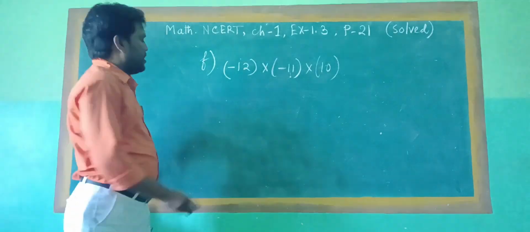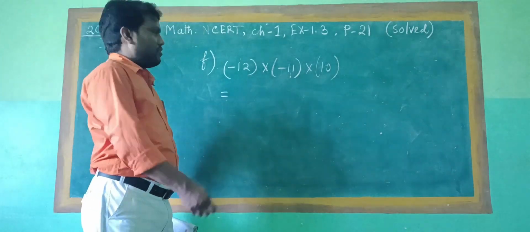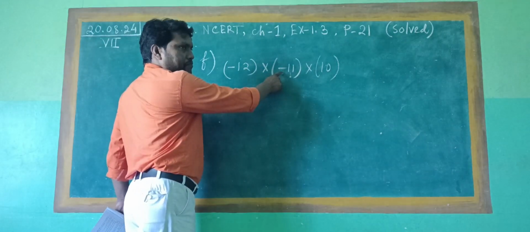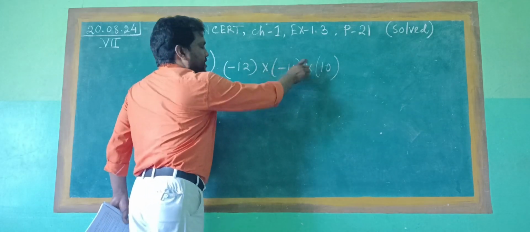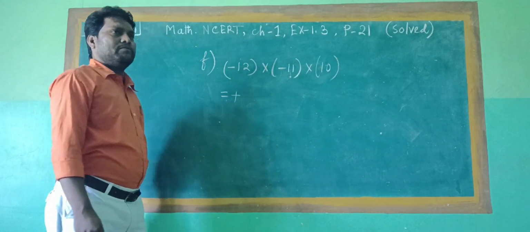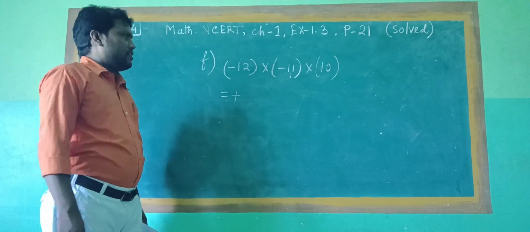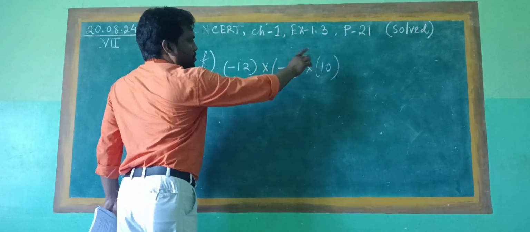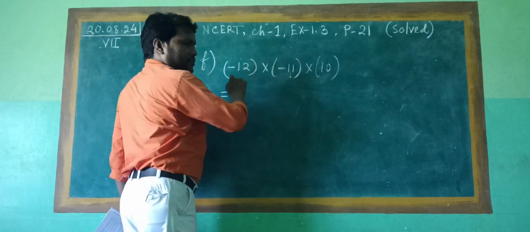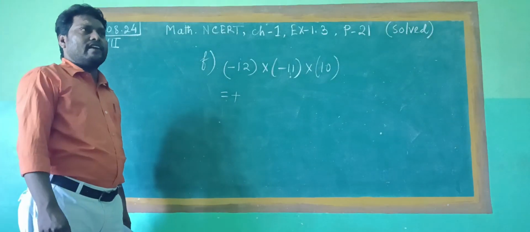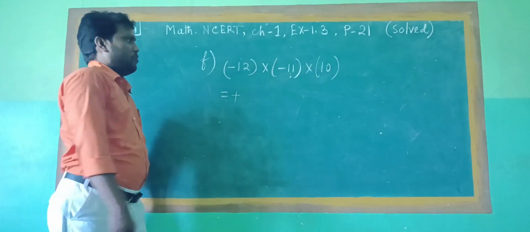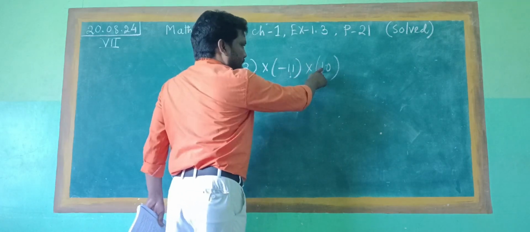Now find, at first, the symbol. Negative, negative, positive, positive, positive. Then multiply 12 into 11, 132, and 10.